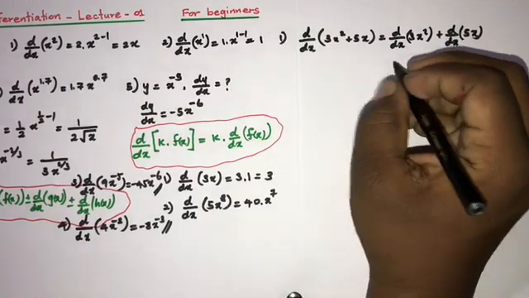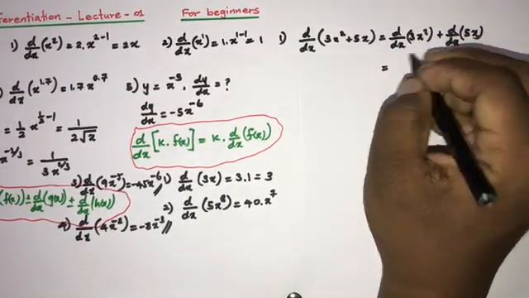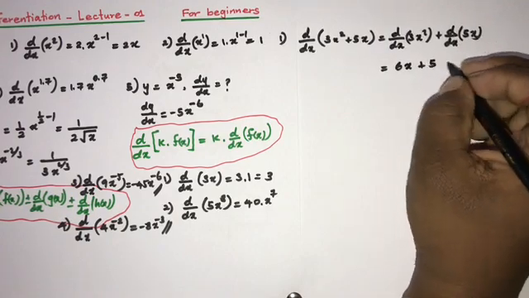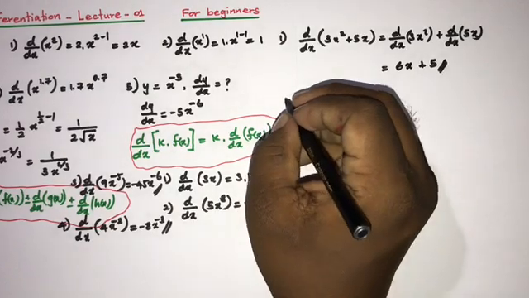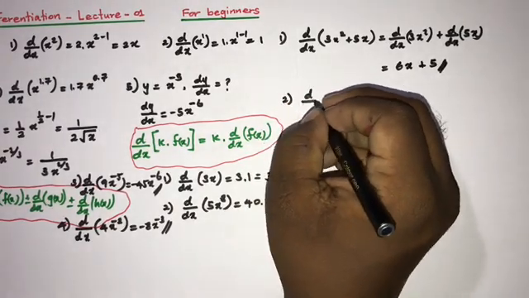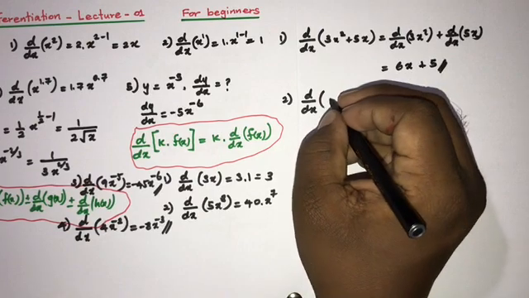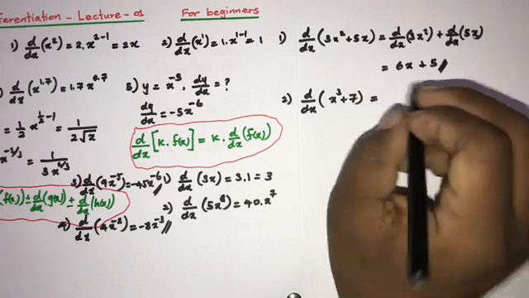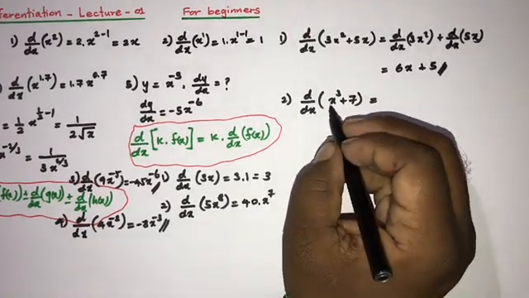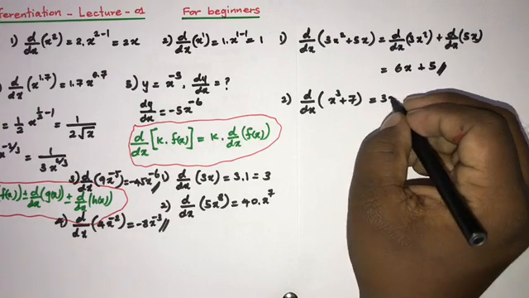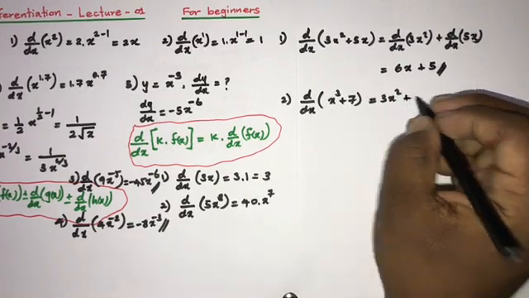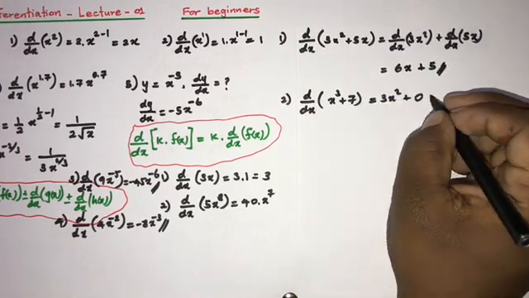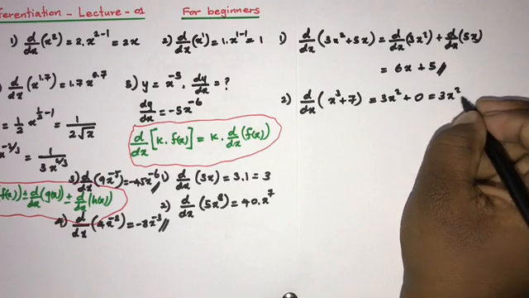We know the derivative of 3 times x squared is 6 times x, plus the derivative of 5 times x, which is 5. Okay, this is the answer. And second example, d by dx of x to the third power plus 7. First differentiate the first part, x cubed, which gives 3 times x squared. Then differentiate the second term: the derivative of a constant is 0, so the answer is 3 times x squared.